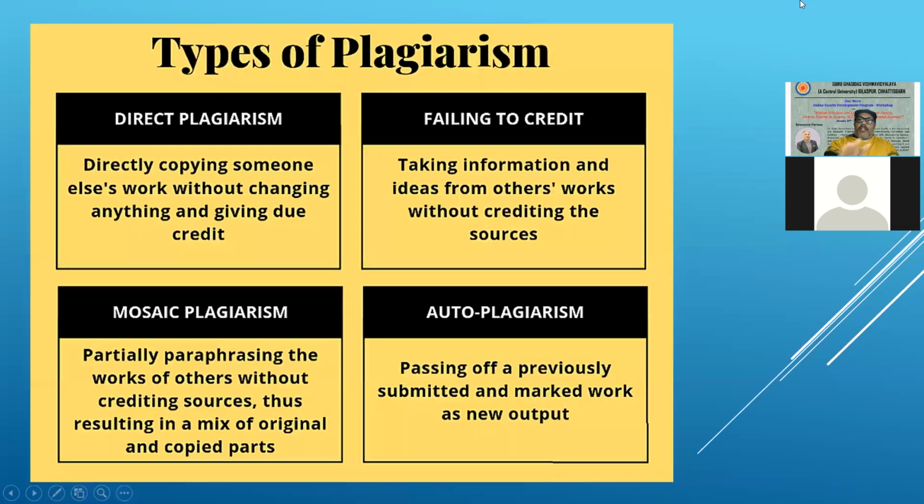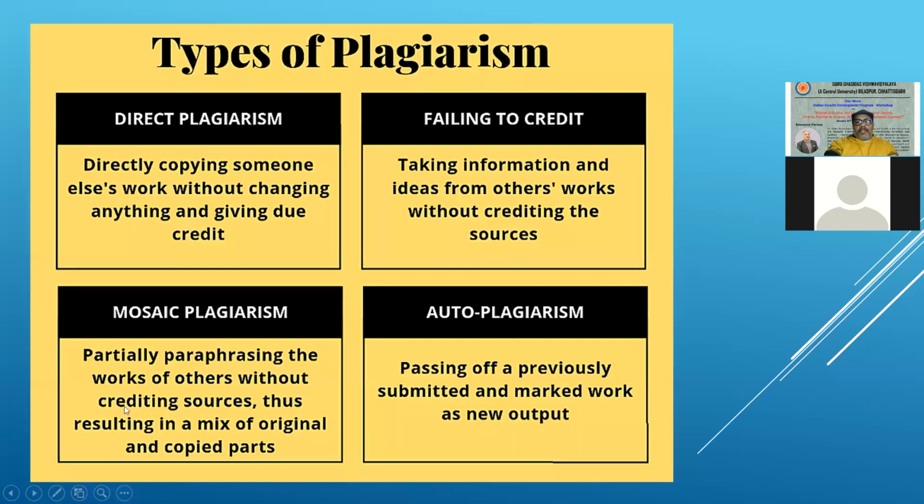These are also different types of plagiarism: direct plagiarism, mosaic plagiarism and auto plagiarism. Directly copying someone else's work without changing anything or giving due credit, that is direct plagiarism. This is taking information and ideas from others' works without crediting the source. Mosaic plagiarism is linked to paraphrasing.